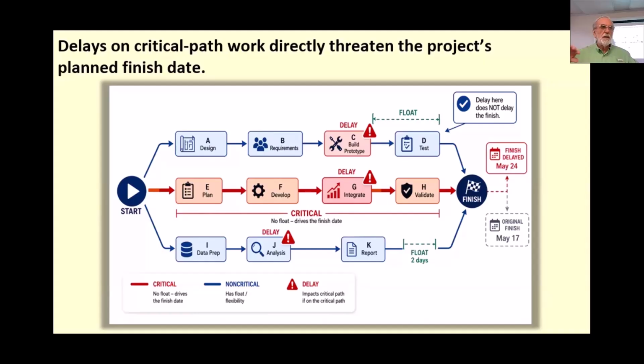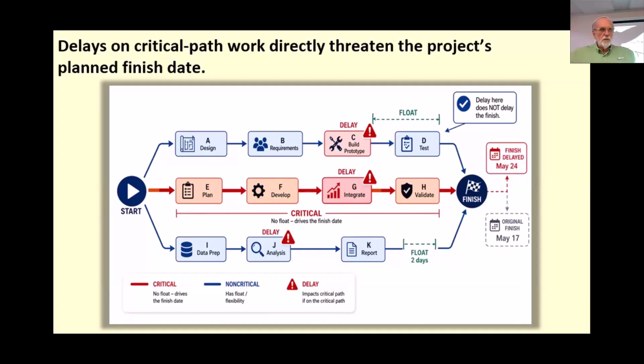If it's delayed by a day, then the scheduled delivery date gets pushed out. It's also the shortest time in which we can complete the project. So if you add up all the estimated durations of those activities, and maybe that's 350 days, that's the shortest time you'll be able to do it, because you've got to complete all of those activities.